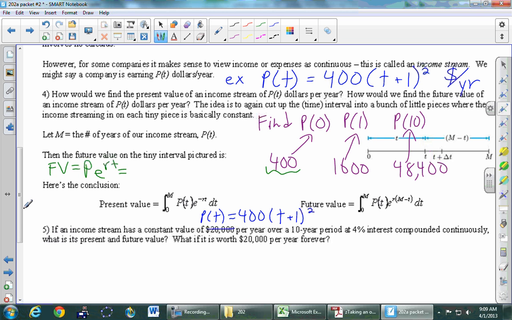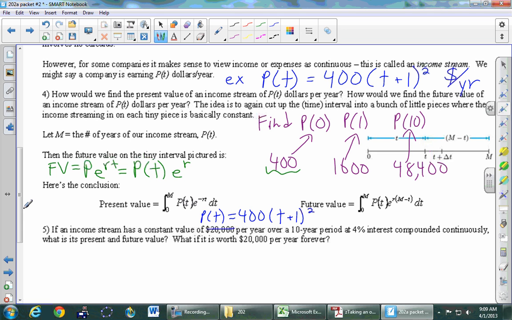The principal is the amount of money that comes in at that one moment in time. I don't know what it is, but it's P of T, dollars per year. That's what we're calling P of T. Maybe it's $1,600 per year at that one moment in time, just at that second. Times e to the interest rate, and then how much... T represents how long the money is going to grow.